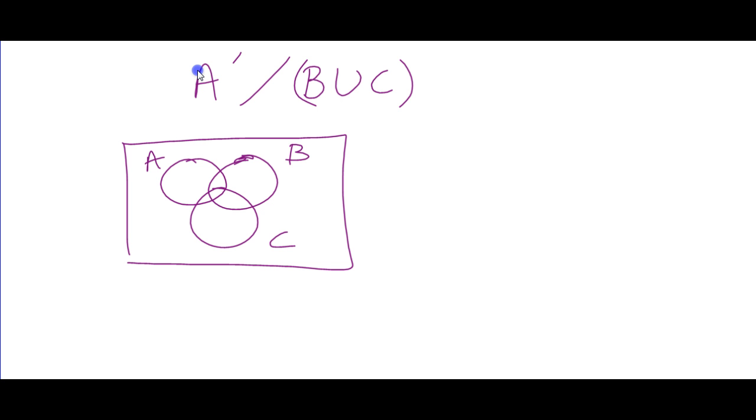All of circle B and all of circle C. Okay, B union C. For now, we're just doing B union C. We're just going to do one step at a time.